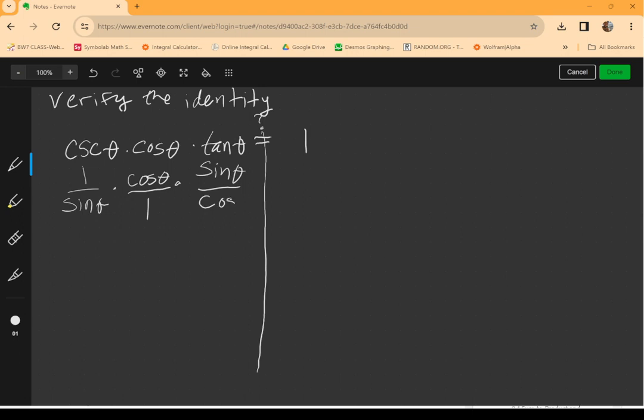Now we can see here, if we multiply this out, we can approach it 2 different ways. Multiplying this out, we get denominators times denominators, numerators times numerators. 1 times anything is just itself, so sine theta times 1 is sine theta, and we get sine theta times cosine theta.